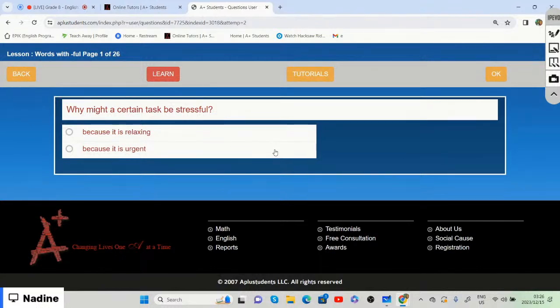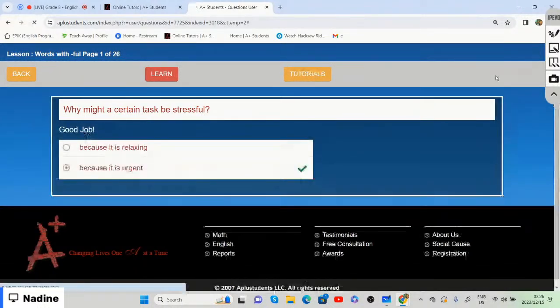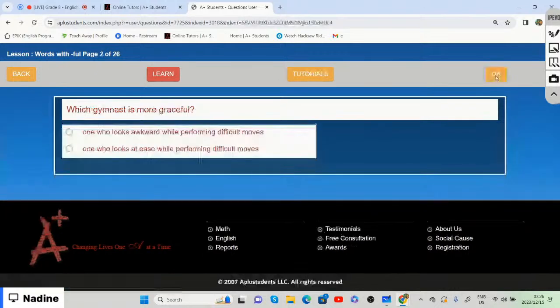Is it because it is relaxing or because it is urgent? So now a task might be stressful, full of stress. And something that might be stressful, it is because it is urgent. And stressful is correct. Urgent is correct.